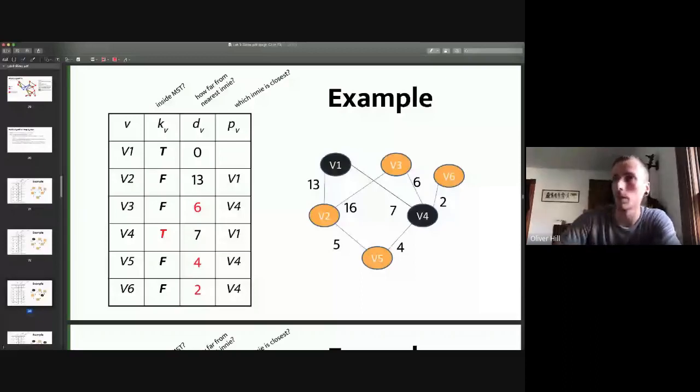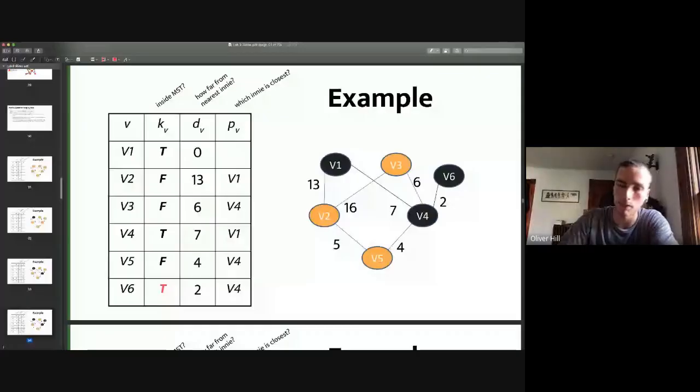Yep, we look at the minimum of this column in our table that is not currently part of the MST, and we take v6 because 2 is the least of anything in the column. So v6 will be added to the tree. Great. Okay, v6 is not connected to anything besides v4, and v4 is already inside of the tree, so we're going to not update anything.